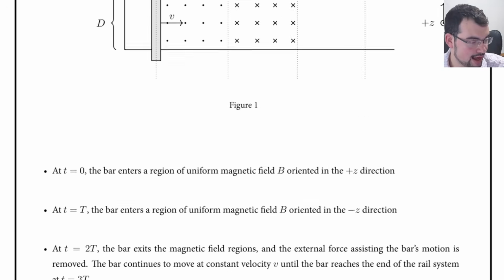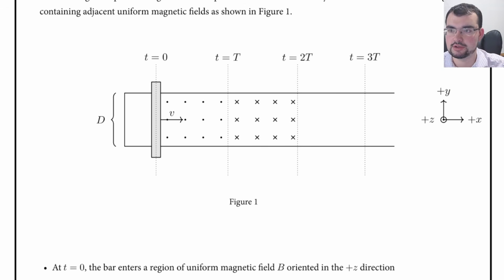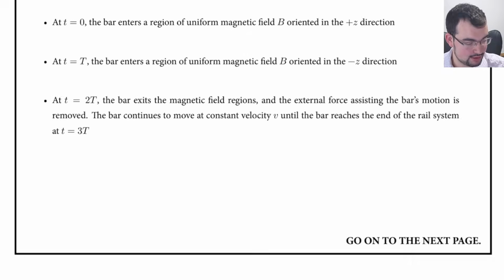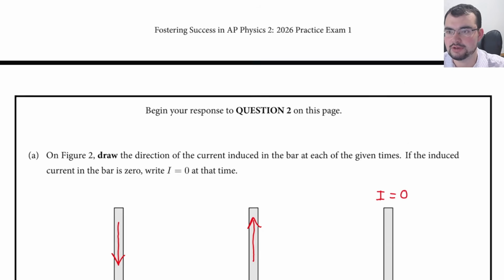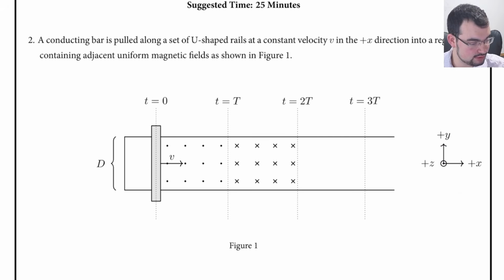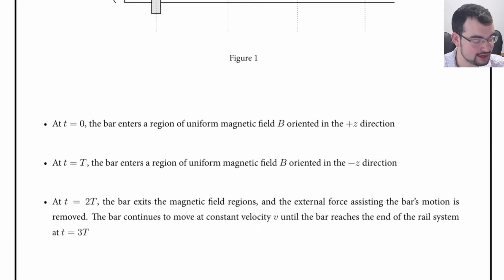And then when we're out of the magnetic field, there's no flux change. There's actually no current, because once the bar is over here, it stops gaining new field in the loop enclosed by it.